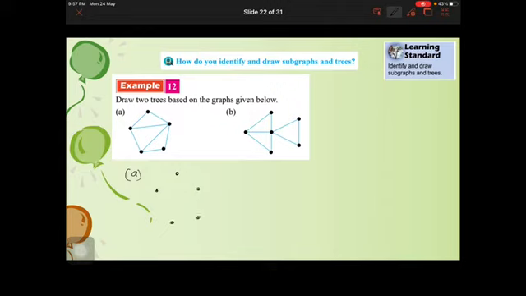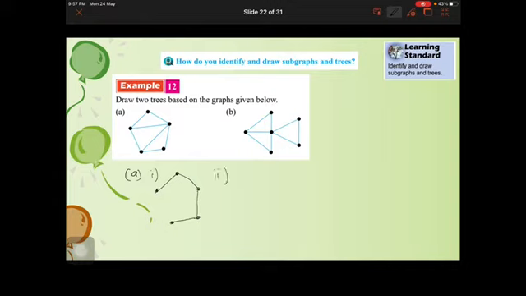Since we have 5 vertices, that means we need only 4 edges to make a tree. So I'll take this one, 1, 2, so we have 3 and 4. So 1, 2, 3, 4, 4 edges and 5 vertices. This is one answer for a tree.